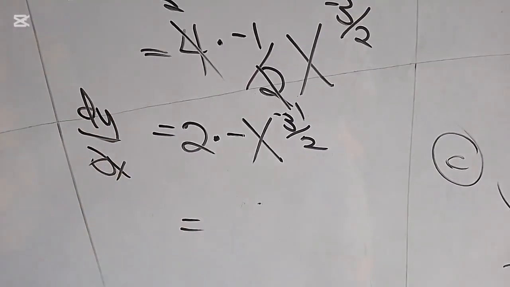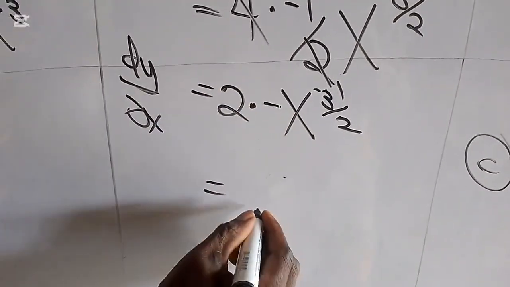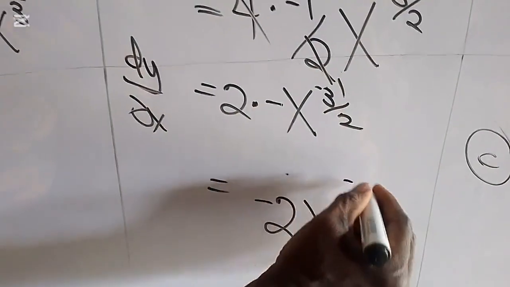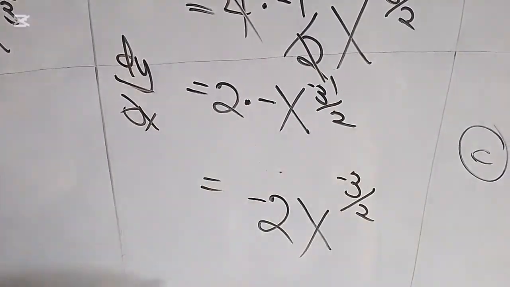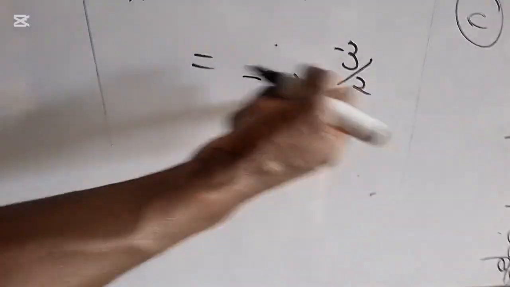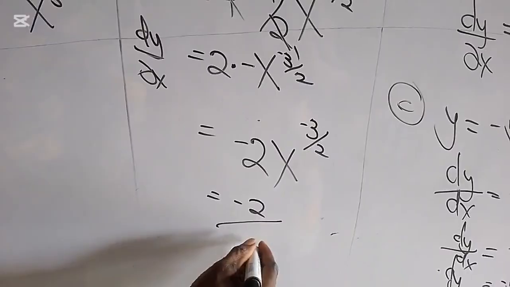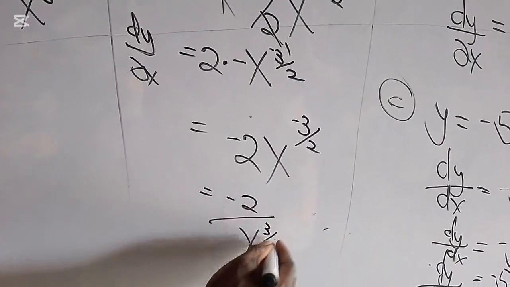Then what do we have? We now have negative 2x to the exponent negative 3 over 2. This can equally be written as negative 2 all over x to the 3 on 2.